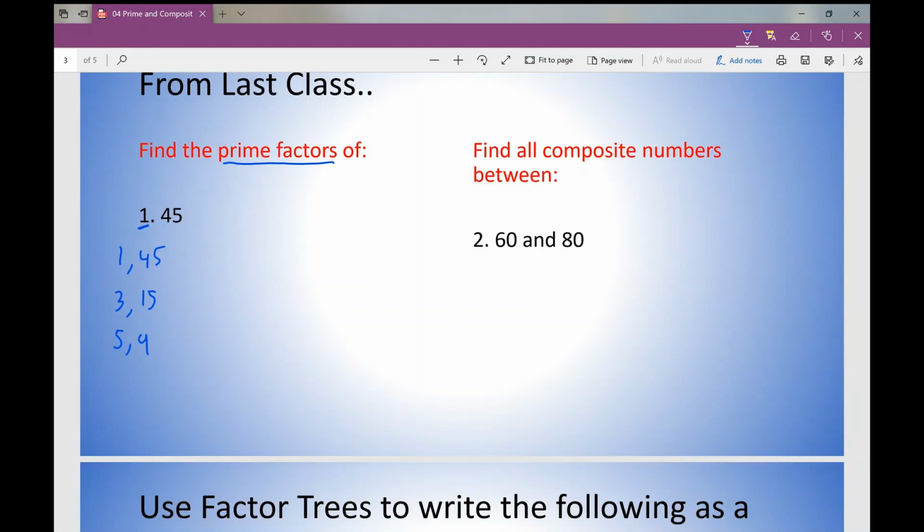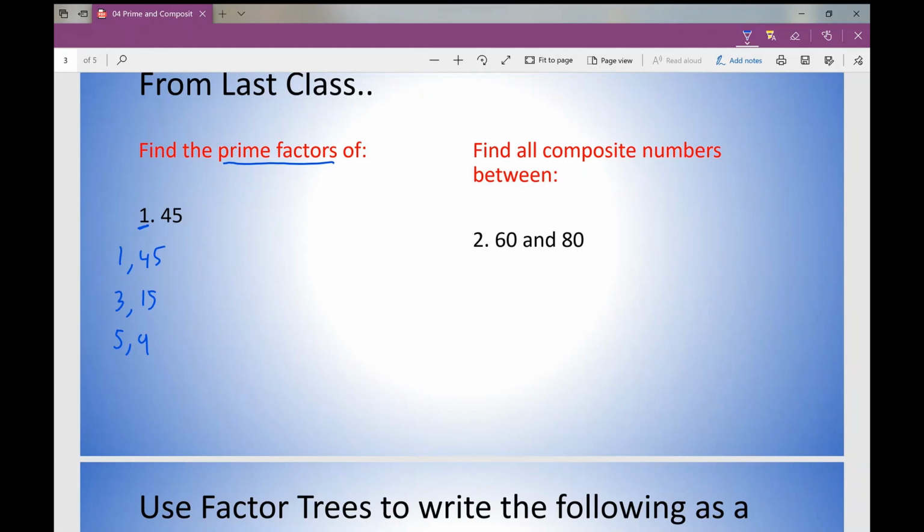And something you'll notice when you divide 45 by 7, the answer that you get is 6.4, which is lower than 7. This means that if you keep going up and dividing 45 by higher numbers, you're not going to find another unique factor.